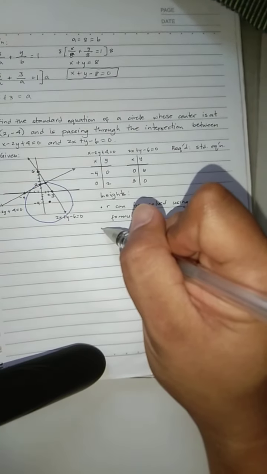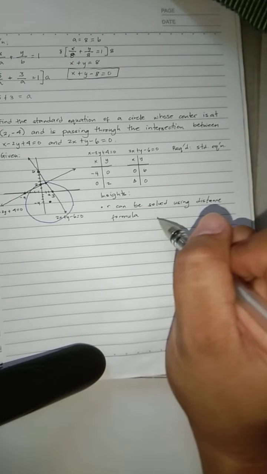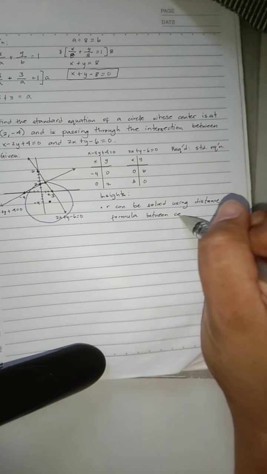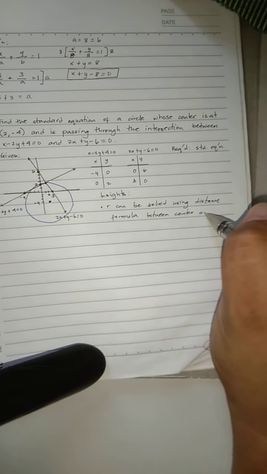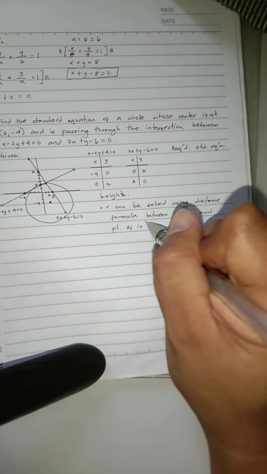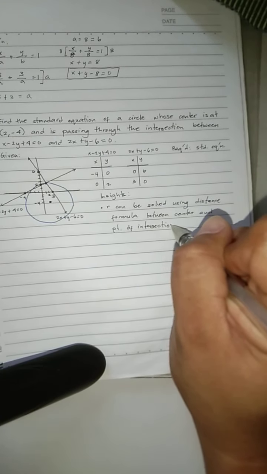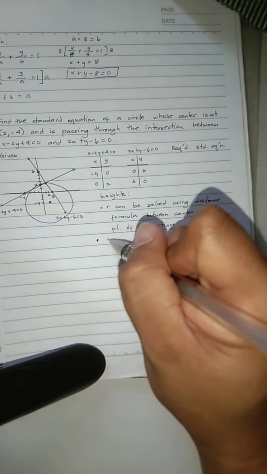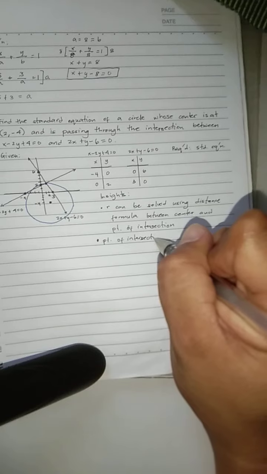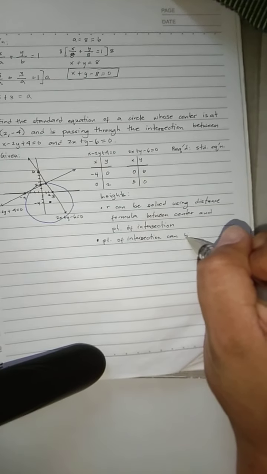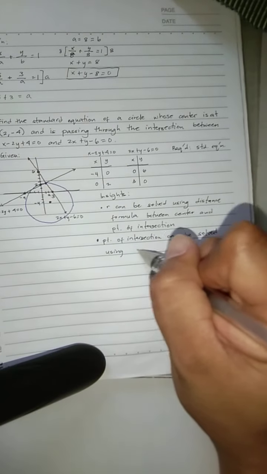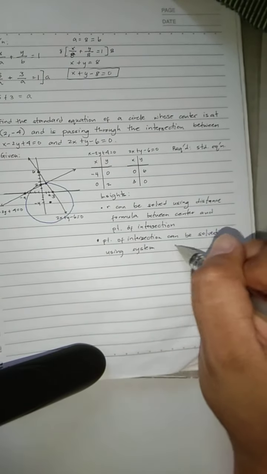That is the distance formula between the center and the point of intersection. Next, of course, the point of intersection can be solved using a system of equations.